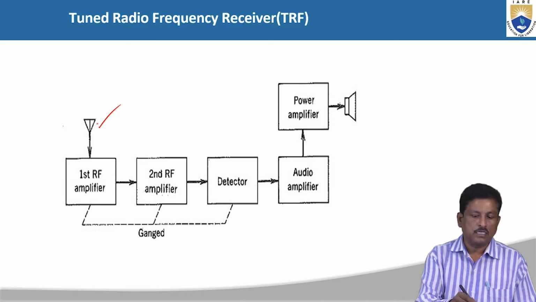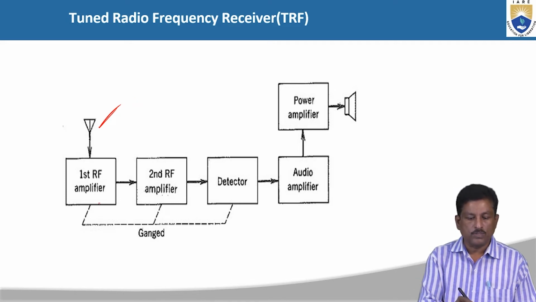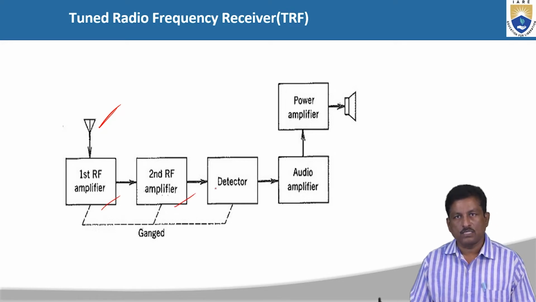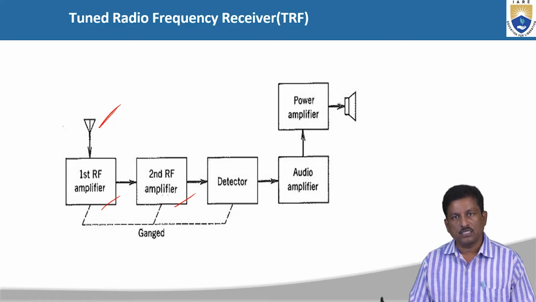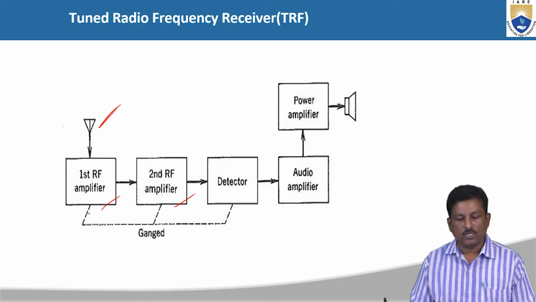Once the concerned signal is received, it is given to the RF amplifiers, and there are two stages of RF amplifiers here. In the TRF receiver, the first element is the antenna, and the received signal is given as input to the first stage of the RF amplifier. What is the use of the RF amplifier? The signal transmitted by the transmitter travels through wire or wireless.